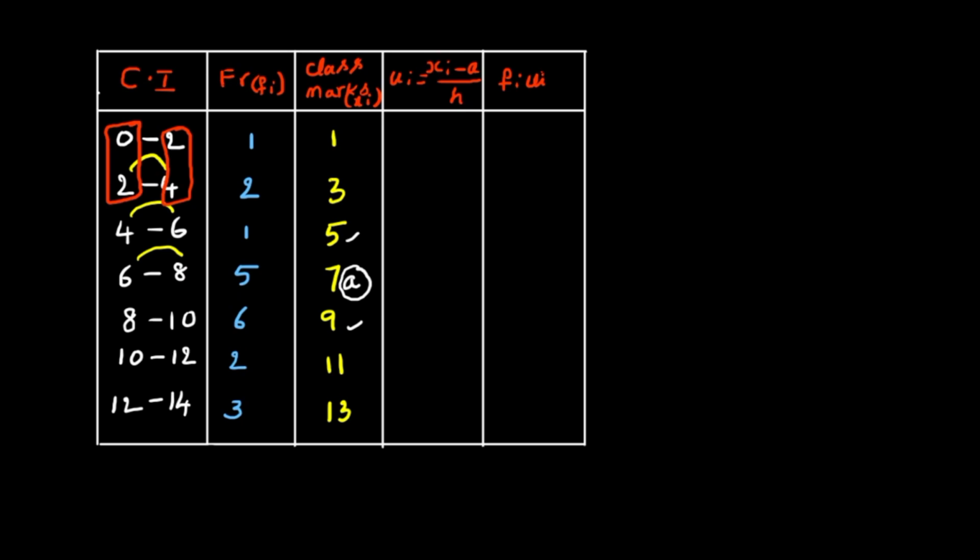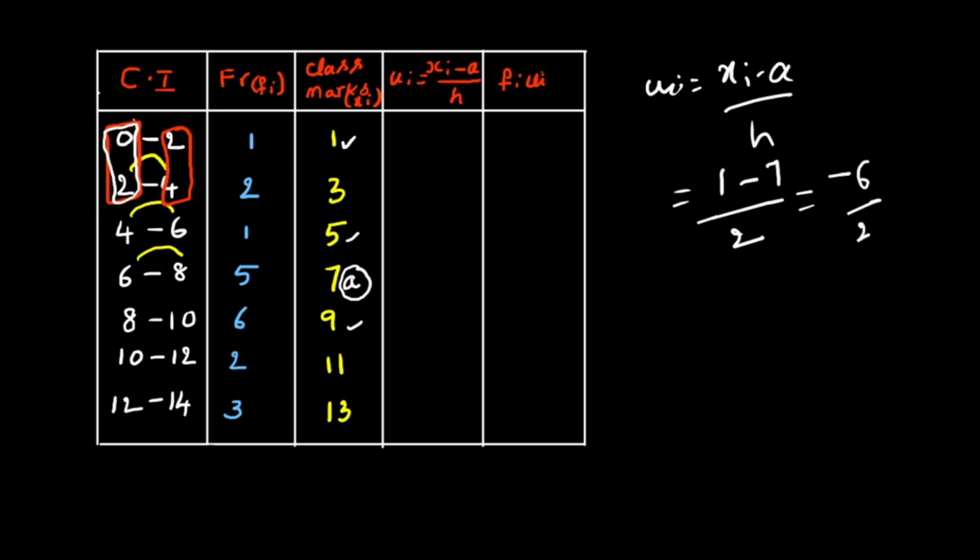Now what is ui? In the formula, ui is equal to xi minus a divided by h. Here xi is 1, minus a which is 7, divided by h, the class size, which we already found to be 2, the difference between lower limits or upper limits. So minus 6 by 2 equals minus 3.